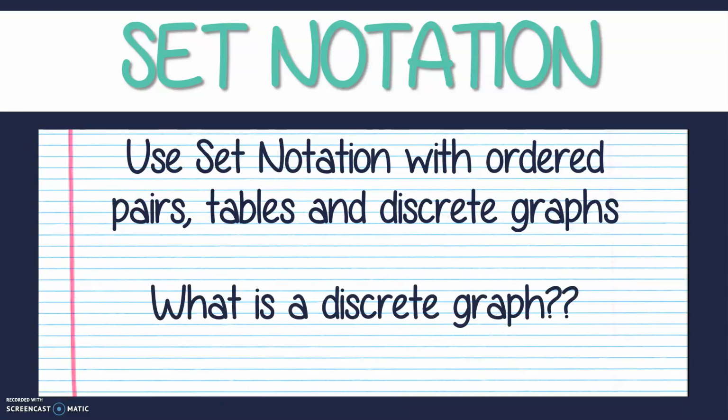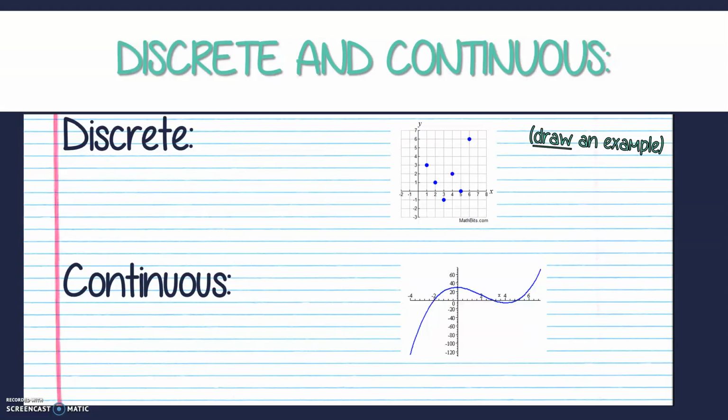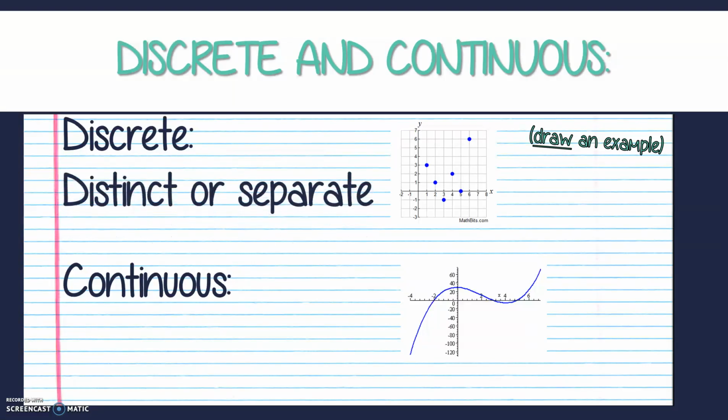So what does it mean to be a discrete graph? There are two types of things that we're going to be looking at, discrete and continuous. Discrete is essentially a distinct or separate set of points, and it's all broken up. So as you can see, this example right here is a discrete graph. Why don't you draw an example in your notebook to see a discrete graph?